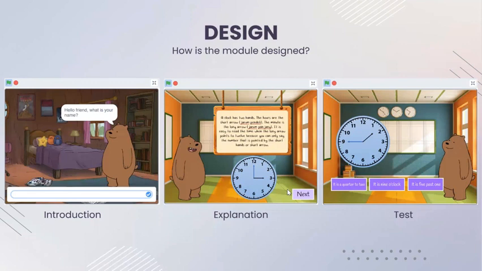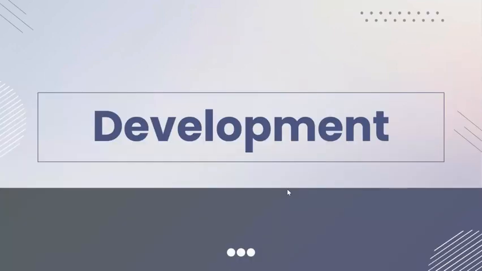Overall, this module is designed with a combination of theory, which is the time theory, and then the practice. And I believe that this can help students build their confidence and proficiency in English language skills. So that's the design part.